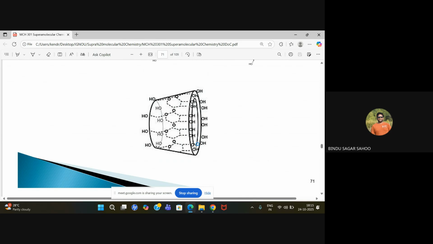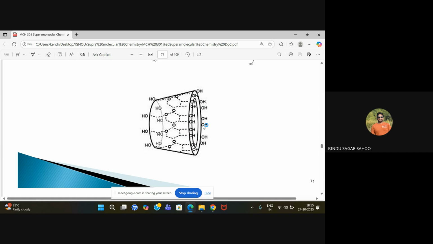So if the outer part is more hydrophilic, it can interact with polar solvents. Yes or no? It can interact with polar solvents. If the interaction of a hydrophilic substrate with a polar solvent occurs, then definitely cyclodextrins are soluble in this polar solvent.